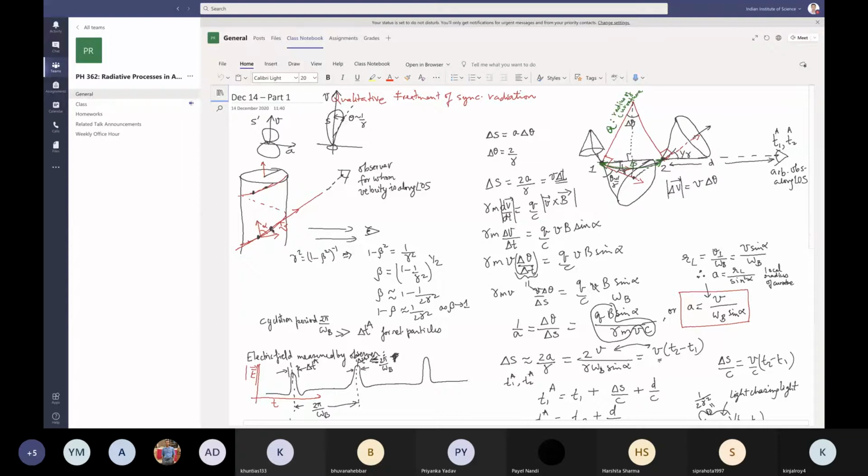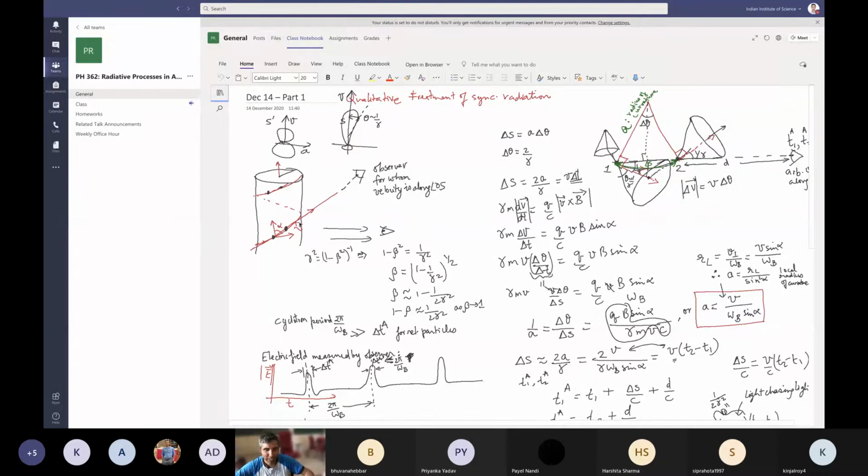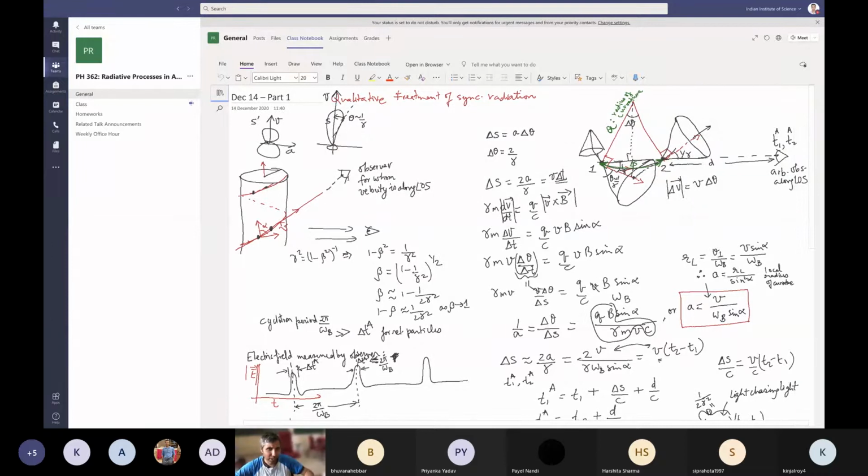Right. And so this is the geometry that you should always keep in mind. You have this helical motion of electrons in magnetic fields, and when the observer is at the same angle as the pitch angle, you get the maximum radiation, right?